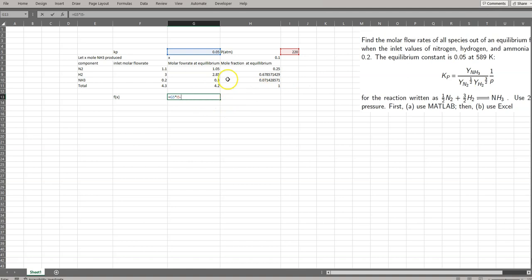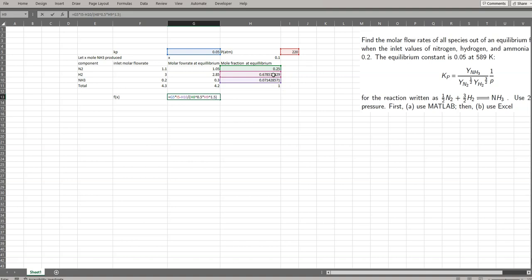So the ammonia mole fraction is here, divided by the mole fraction of nitrogen to the power half, 0.5, into the mole fraction of hydrogen to the power 3 by 2, that is 1.5.